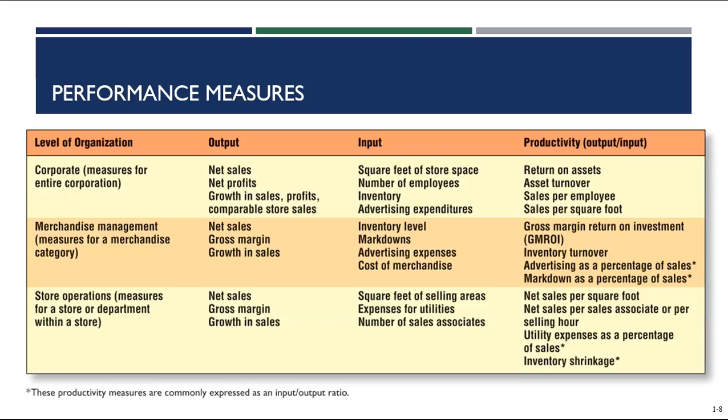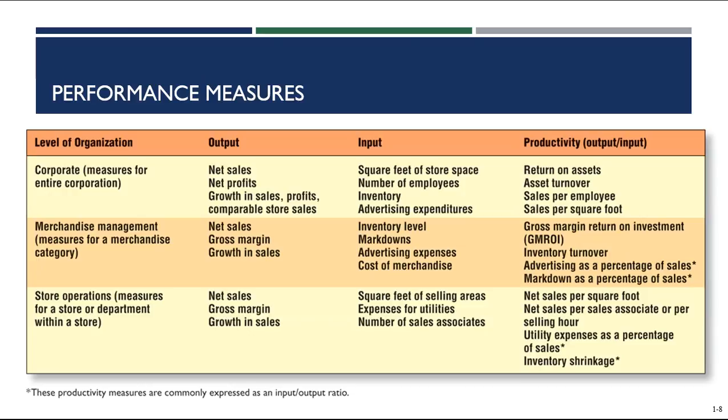So I just want to look at a couple of these and bring them to your attention. If I'm looking in the productivity column on the right, ROA is at the top, obviously. Asset turnover is very important. And then you see sales per employee and sales per square foot. So these are measures that we have already talked about this semester.